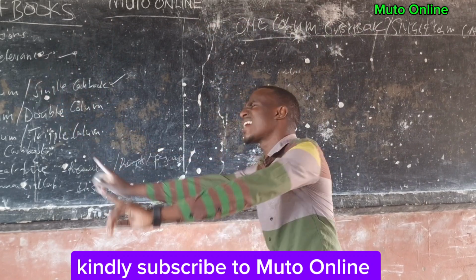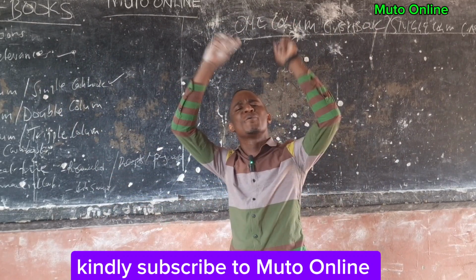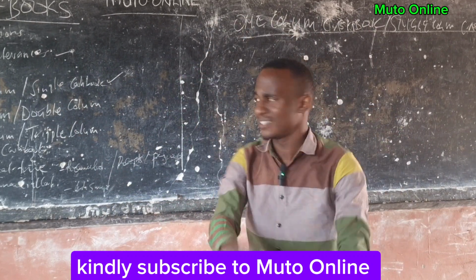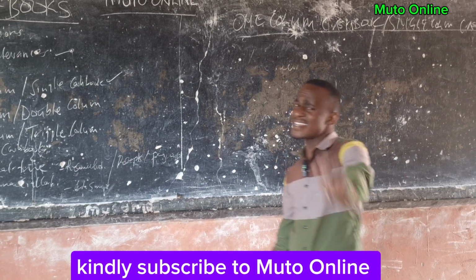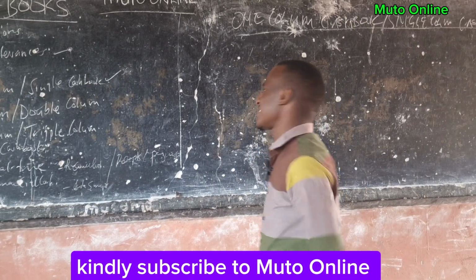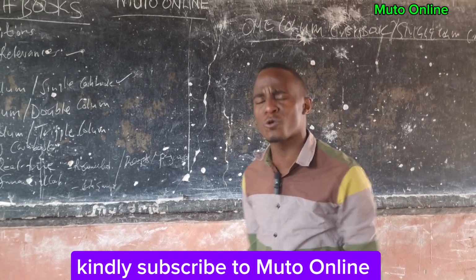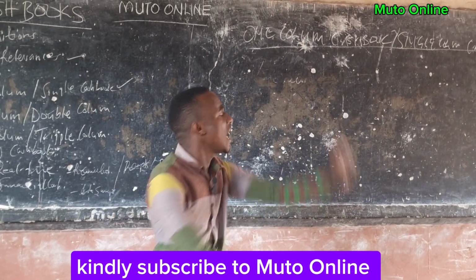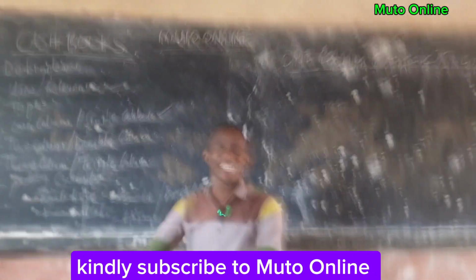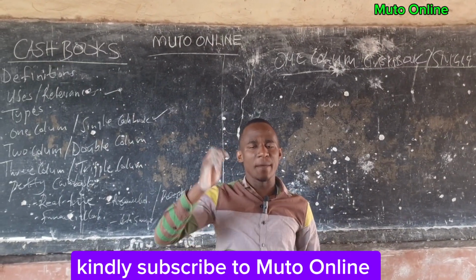Remember, all of these cash books are books of original entry. But in this case, for a one column cash book, it summarizes only and only cash transactions made in the day-to-day business.